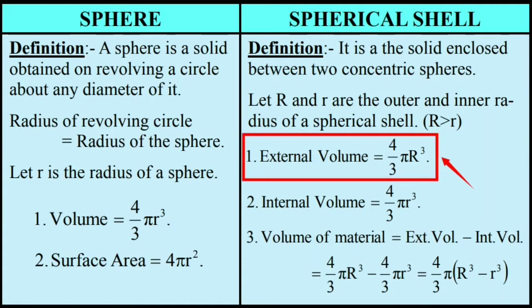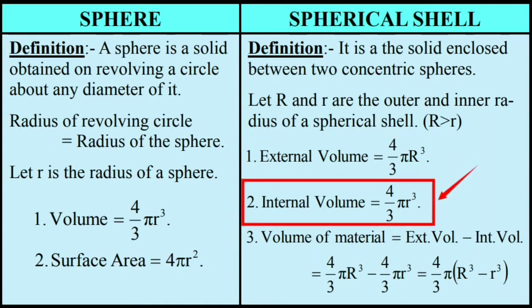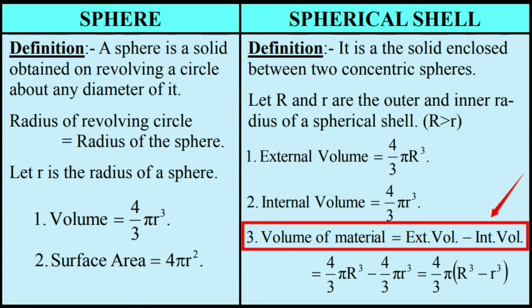External volume of the spherical shell is 4 by 3 pi capital R cube. Internal volume of the spherical shell is 4 by 3 pi small r cube. Next, volume of the material used in manufacturing the spherical shell is external volume minus internal volume.